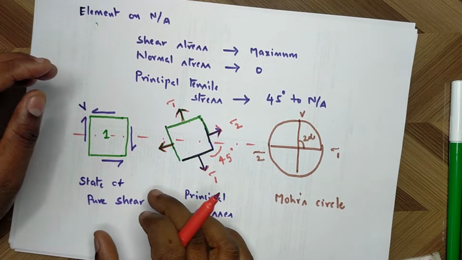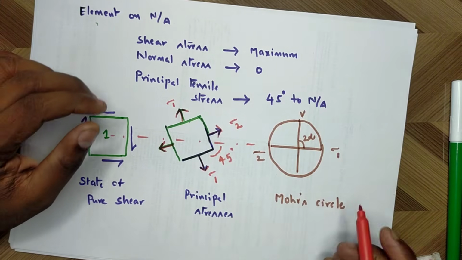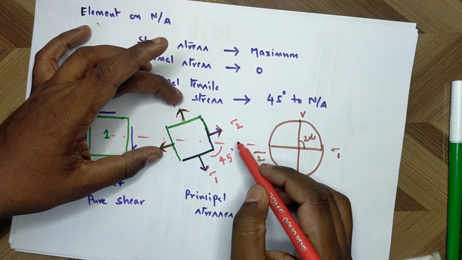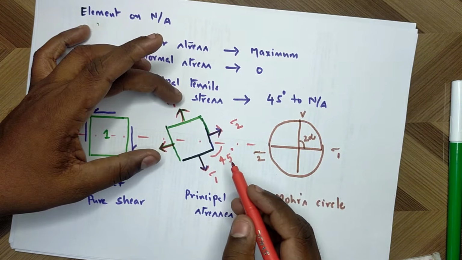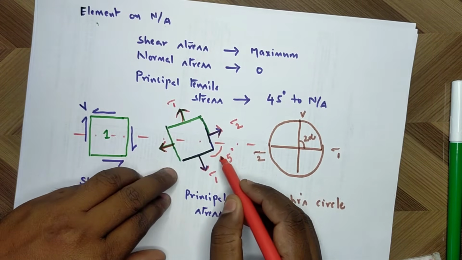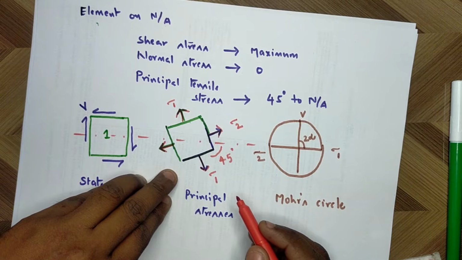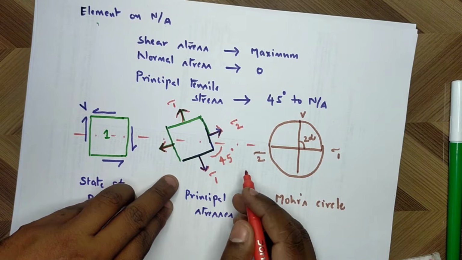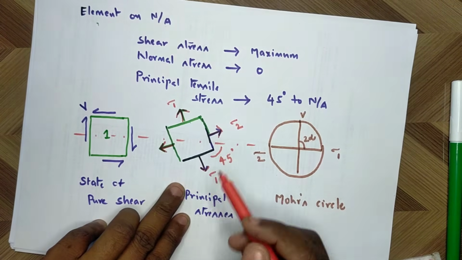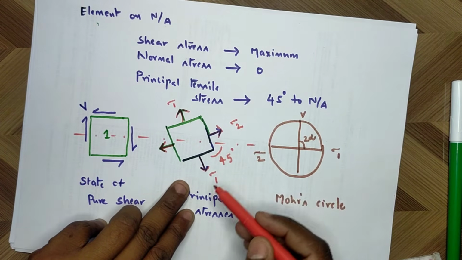A state of pure shear can be conceived as a state of biaxial tensile and compressive force. These principal stresses are inclined at 45 degrees to the neutral axis. Due to this pure shear state, there will be two principal stresses, tensile and compressive.